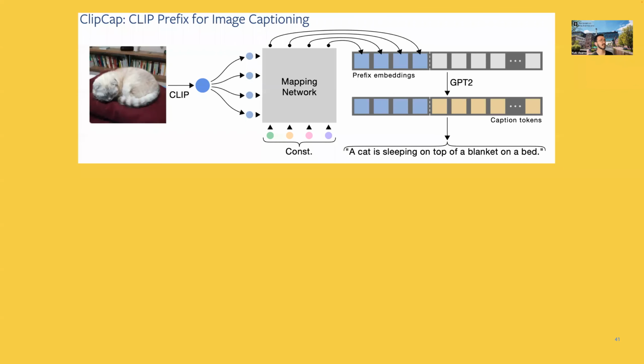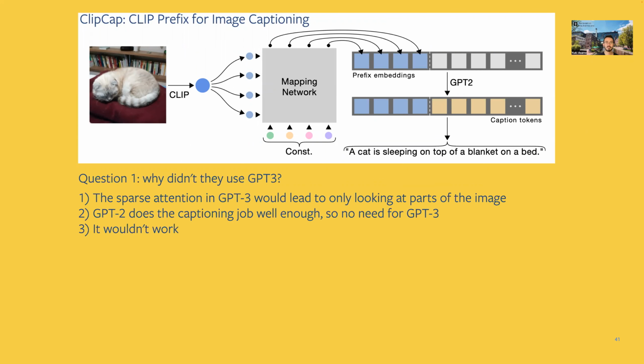At this stage, a quick quiz. So given the ClipCap architecture, one question: why didn't they use GPT-3? Is it one, because the sparse attention in GPT-3 would lead to only looking at parts of the image? Two, GPT-2 does the captioning job well enough, so no need for GPT-3. Or three, it wouldn't work.